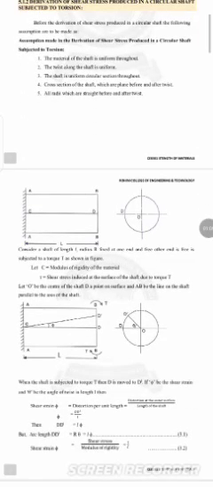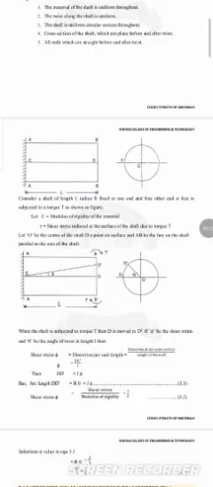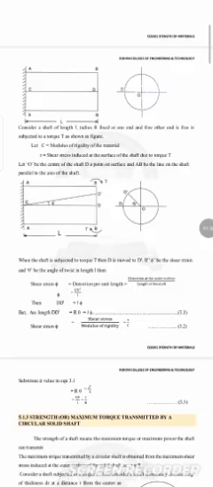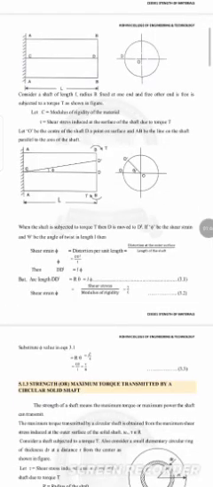Consider a bar of length L and radius R fixed at one end, and the other end is free, subjected to a torque T as shown in the figure. Then C is the modulus of rigidity, or G can be used. And tau is the shear stress induced at the surface of the shaft due to torque T. Therefore, the strain is equal to the distortion per unit length, that is d dash divided by L. Therefore, d dash is equal to L phi.